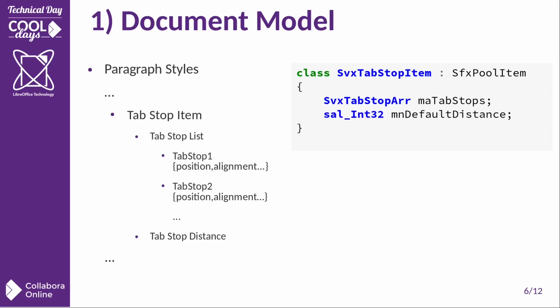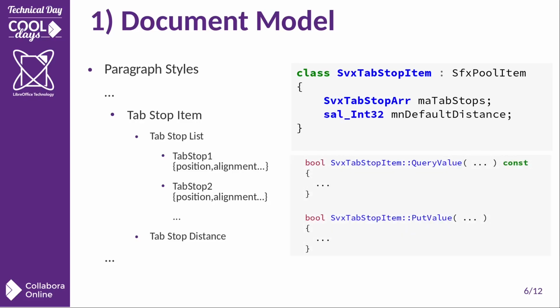Accessing paragraph scope tab stop distance was already only going to be needed where there was access to tab stop lists anyway. So bundling these together was also going to make plumbing information later quite a bit easier. Also, the tab stop item's QueryValue and PutValue implementations were adjusted to finish up the document model related bits. With that in place, it is now time to alter the behavior.